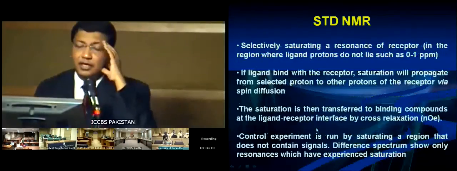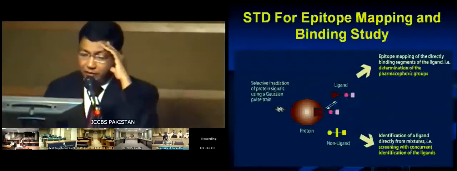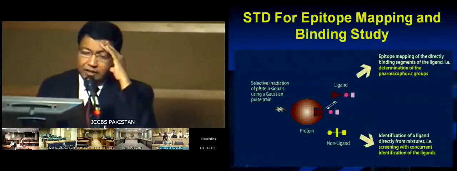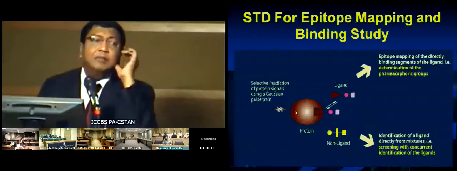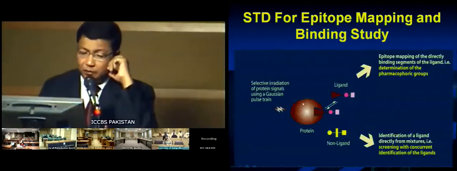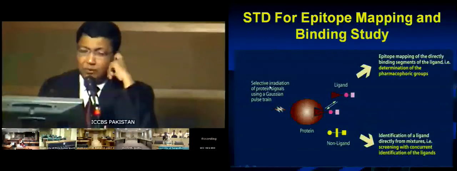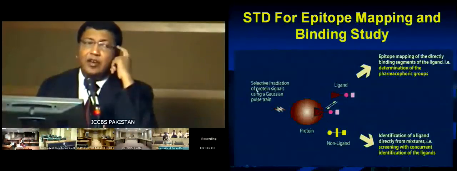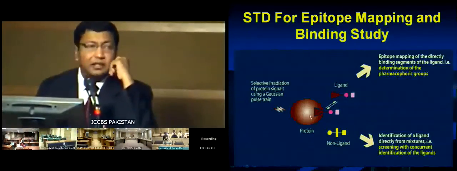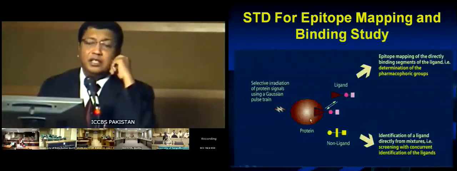okay, this is a very nice diagram which I have taken from a research paper. This is a receptor, this is your protein, and what you're doing is selectively irradiating protein signals. Okay, protein signals.